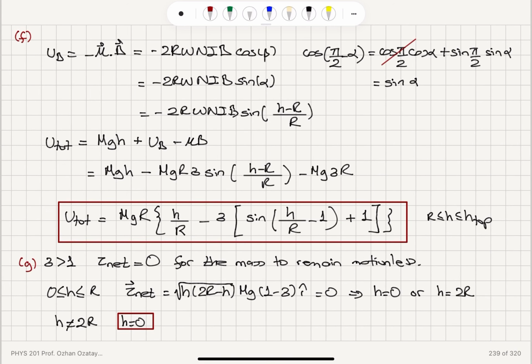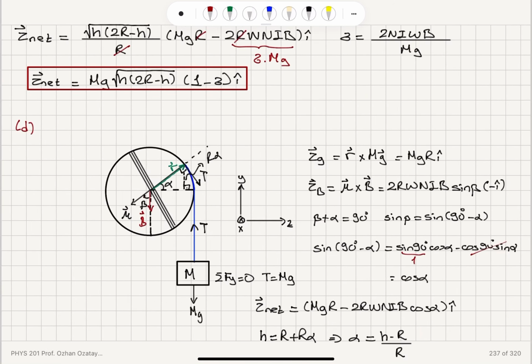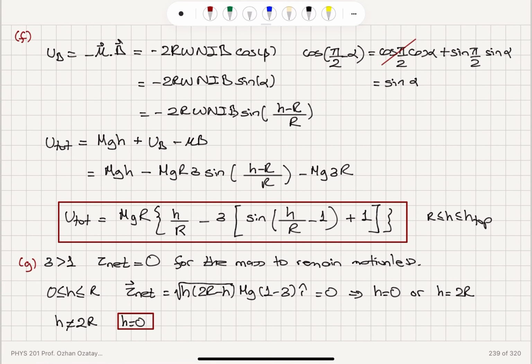For part F, if h is between R and h top, now we have the new angle beta between mu and B, where beta is pi over 2 minus alpha. The cosine of this angle beta is the sine of the angle alpha, where we have shown that alpha is (h minus R) over R, or h equals R alpha plus R. We have substituted that here.